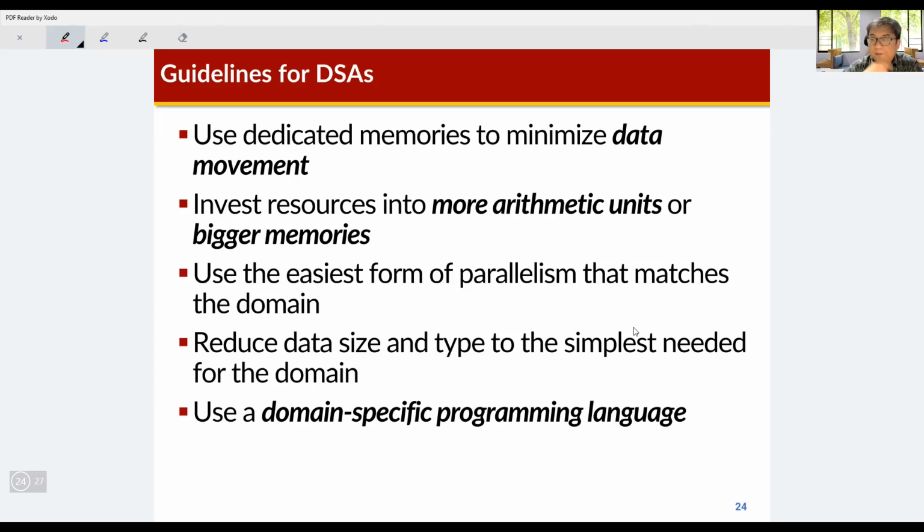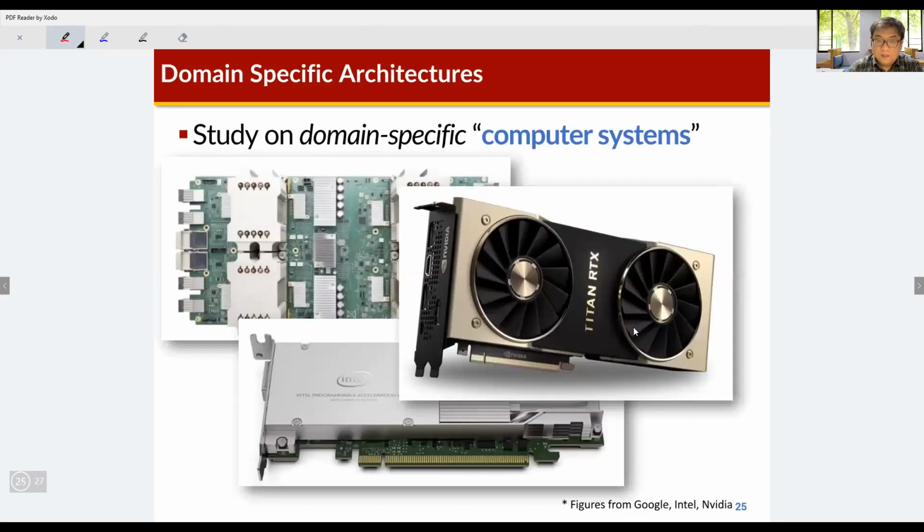And then we can optimize the bit resolution to increase the performance and decrease the power consumption of the domain-specific architectures. Also, we need to develop domain-specific programming languages. That's the guideline for DSAs.